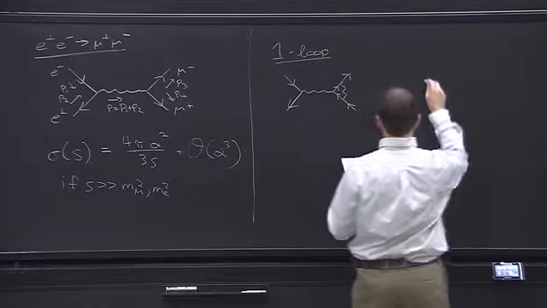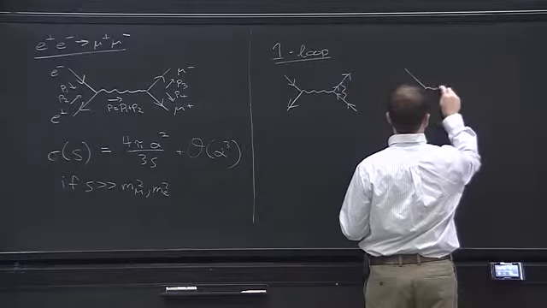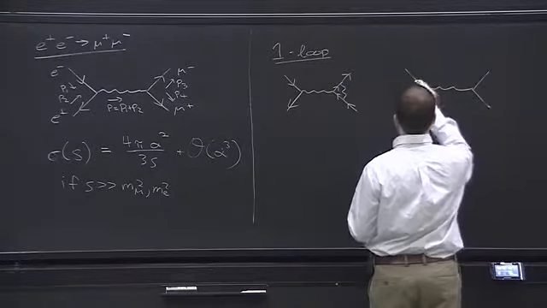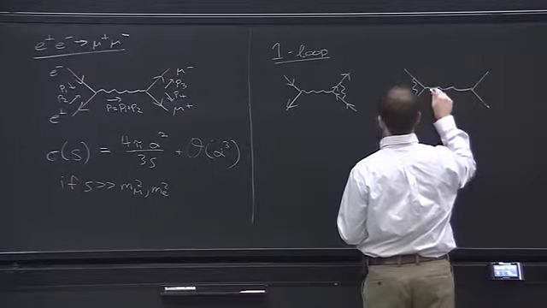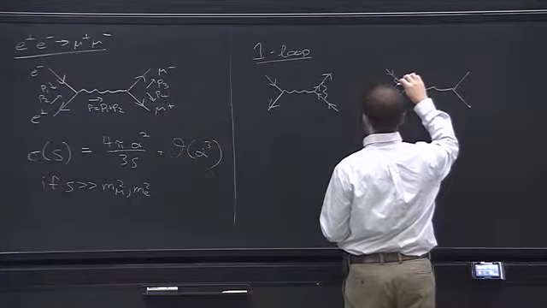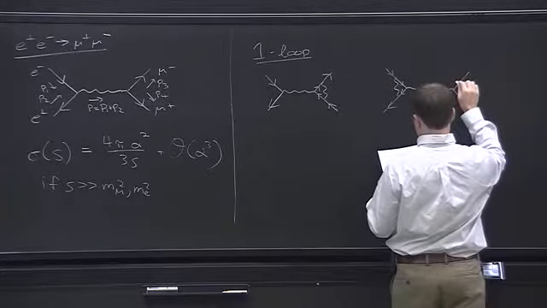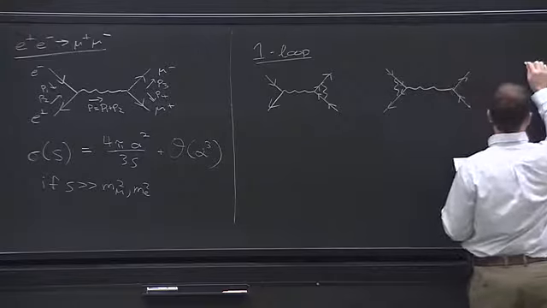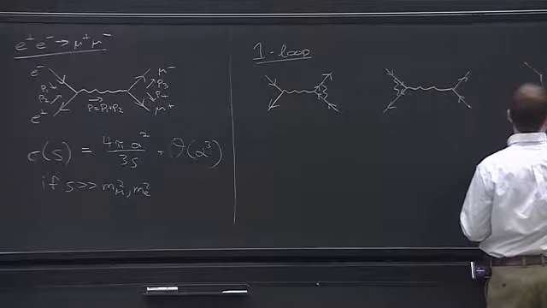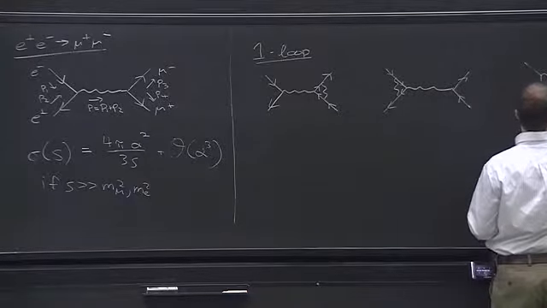There is a similar diagram where the vertex correction that we calculated last time is on the electron line. There is a double photon exchange diagram. And there is another one where the photons cross.